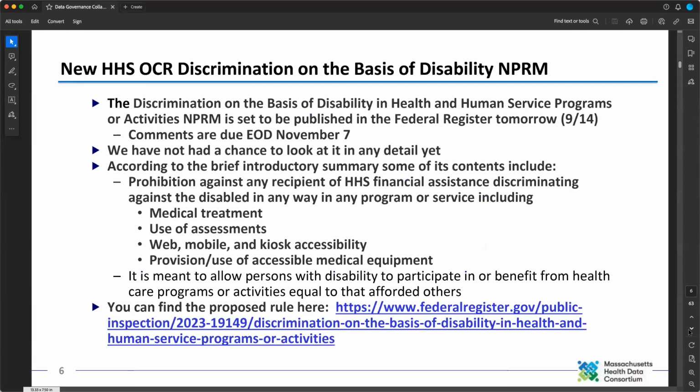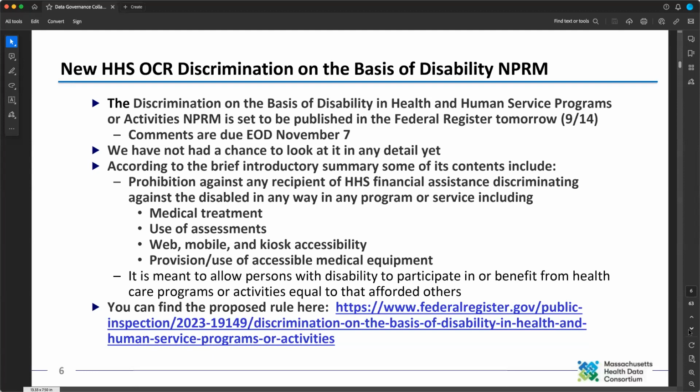So we have a new proposed rule out from OCR, and this is on trying to prevent discrimination on the basis of disability in healthcare. It actually officially posts tomorrow, but they put up a preview copy, and so comments are due November 7th.